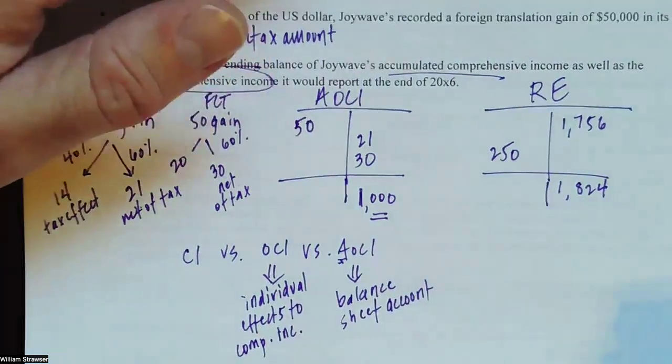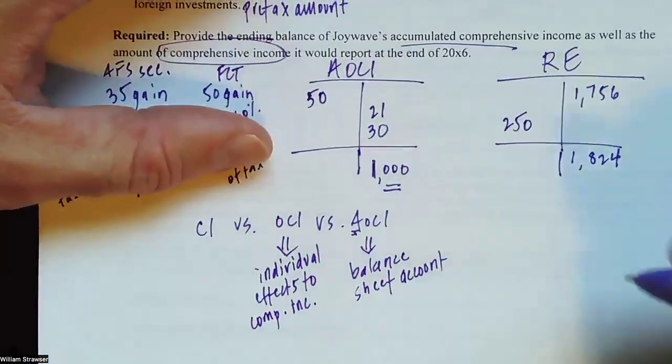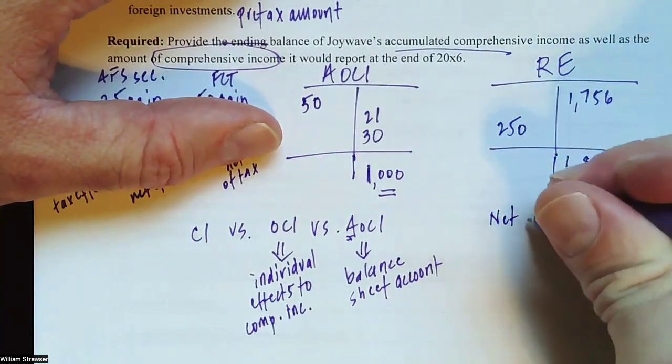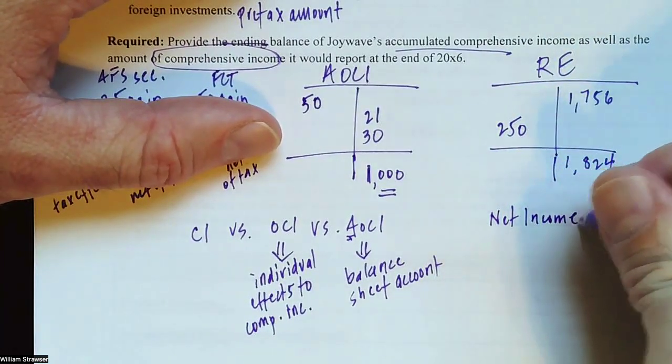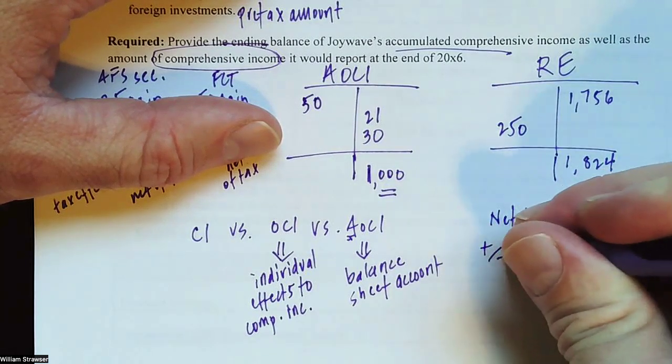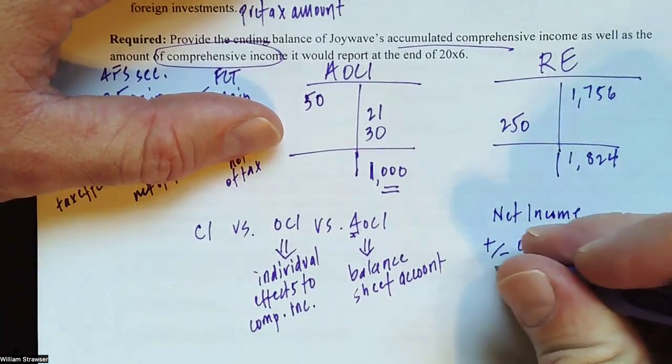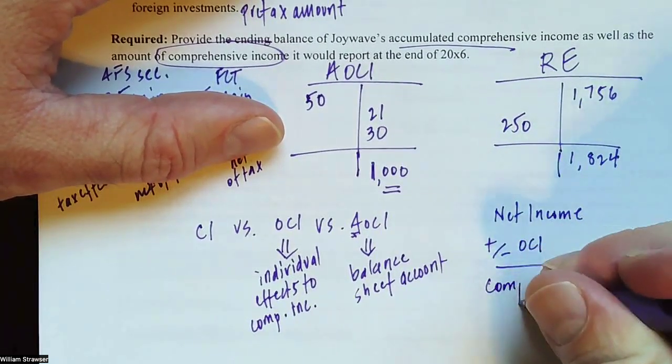Remember, in order to get comprehensive income, what we take is net income. We add or subtract because our OCI items can be gains or losses. And that gives me comprehensive income.